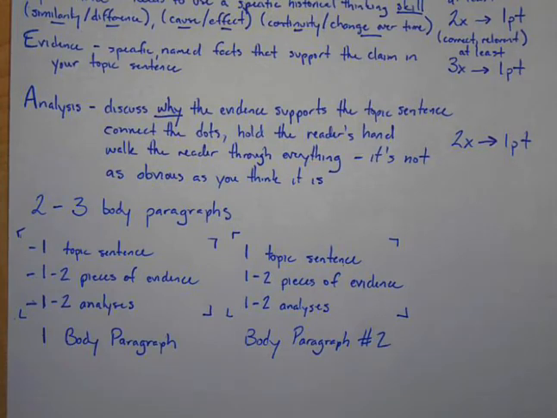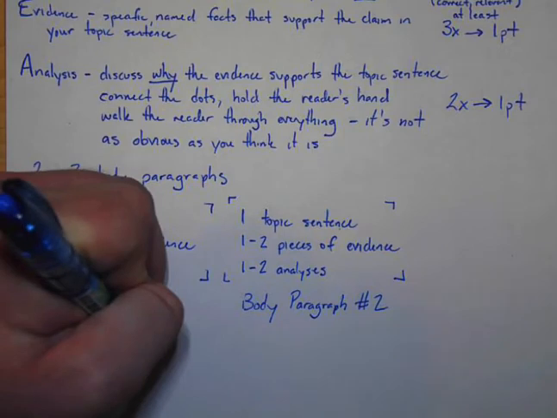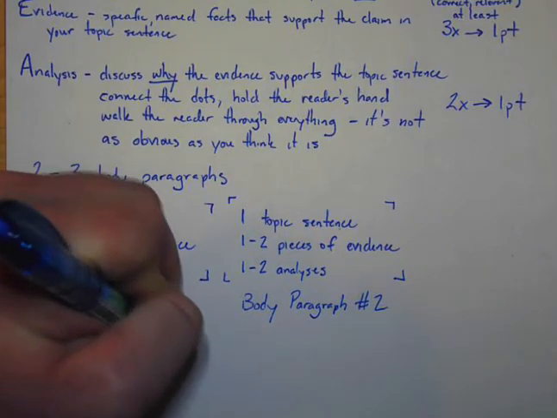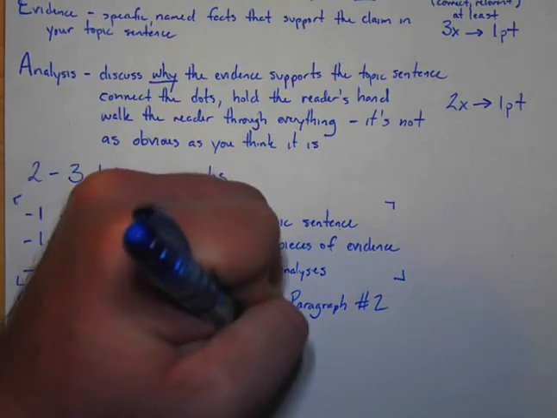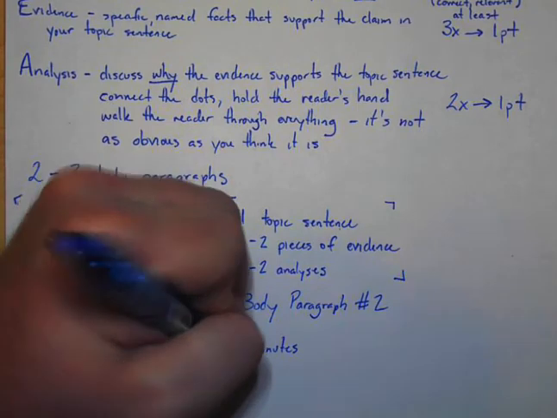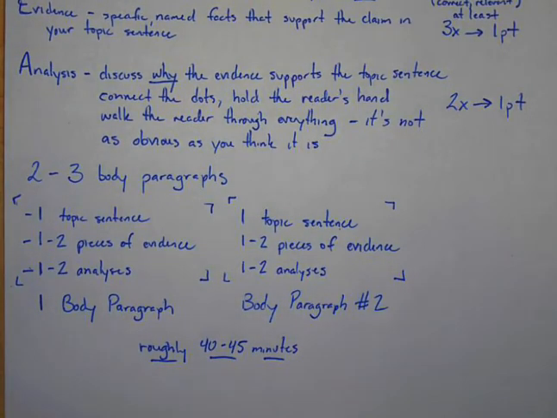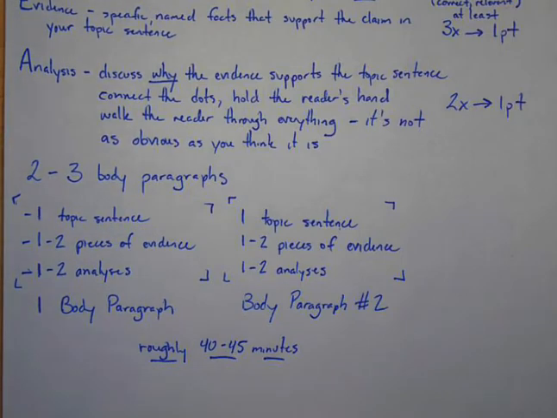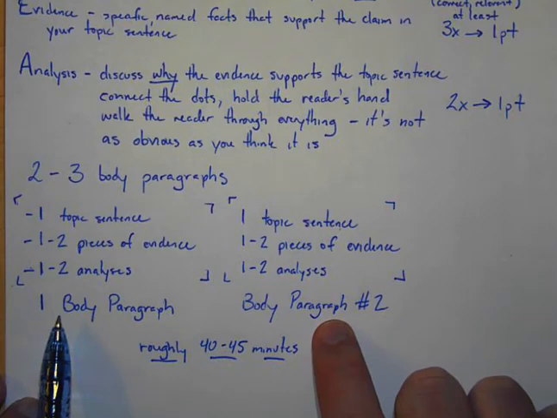It never hurts to write a third one if you've got it in you. You've got to be able to do this in roughly 40 to 45 minutes, which doesn't give you a whole lot of time to get fancy about this. 1 body paragraph, 2 body paragraphs.